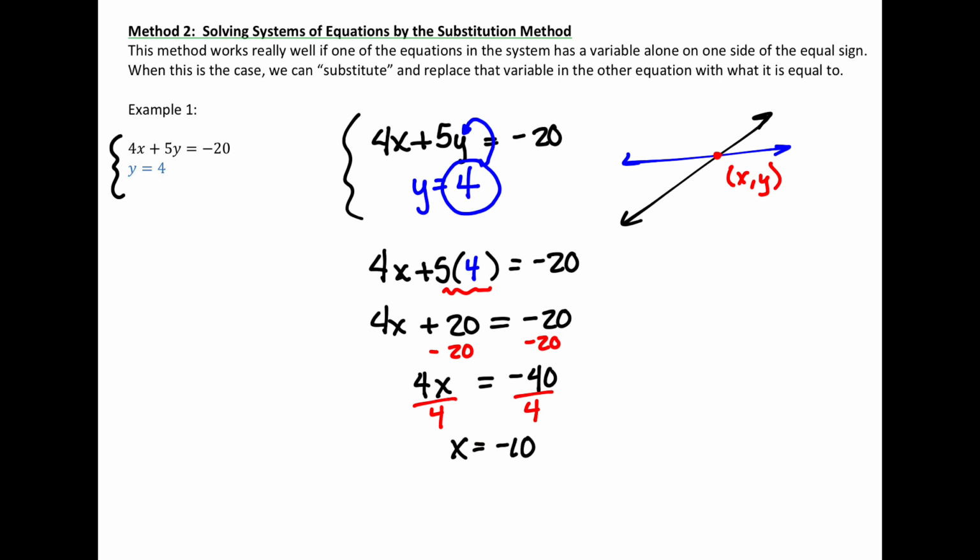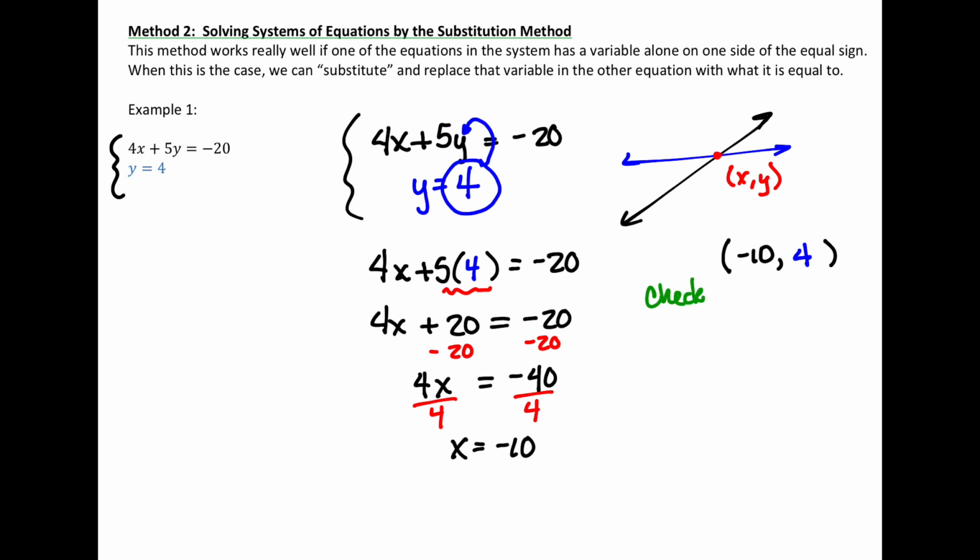So that tells us that the x value of the point that we're looking for is negative 10. Now we need to deal with the y value. Because this one already said y equals 4, we know it. So that is 4. And you're done. That point is where those two lines cross. Okay, now I'm going to check it just to show you.